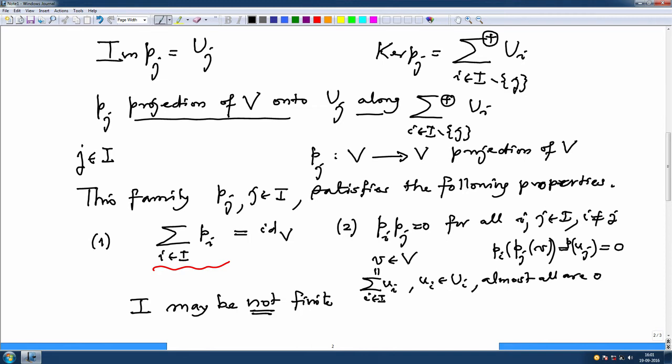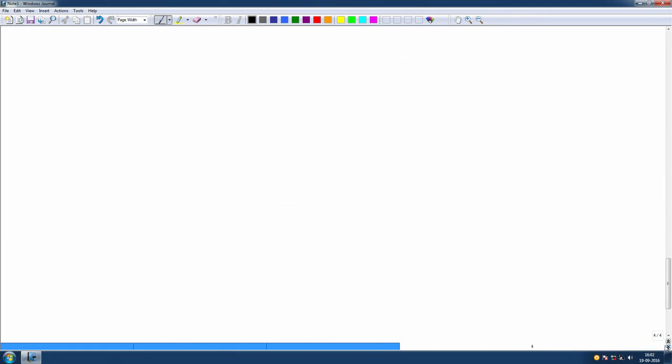So, only whichever components of v are coming, only those will survive. Okay, so therefore that makes sense, and now we need to verify that this sum is the identity, but that is very easy. We need to verify that the sum of Pi, i in I, is nothing but the identity operator on V.